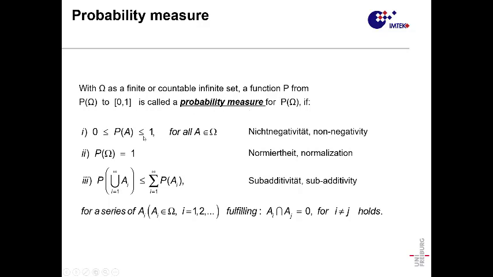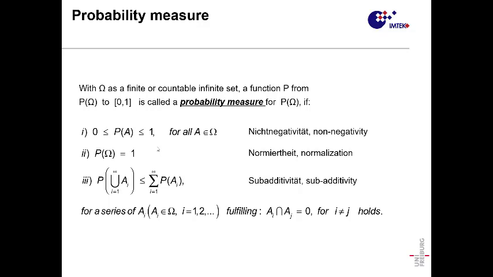The probability of a subset of omega has to be between 0 and 1. The probability of the whole set omega has to be equal to 1. And then again, the probability of the union of a partition of subsets A is less than or equal to the summation of the probabilities of the subsets A_i. If there is no intersection between them, it's going to be equal.